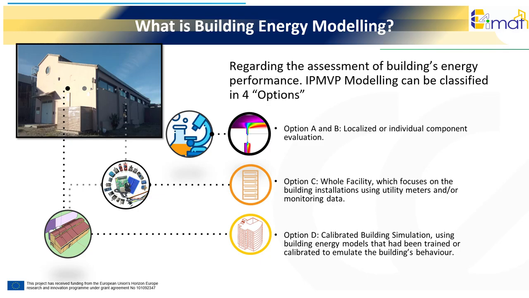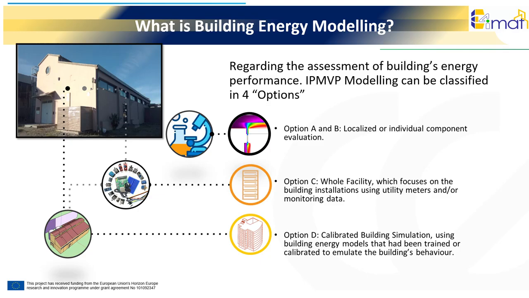This way, the modeling scope exclusively focuses on the evaluation of a particular element or component of the building system. For example, the study of a particular heating, ventilation, and air conditioning (HVAC) equipment, where its components are evaluated separately from the building or under laboratory conditions.